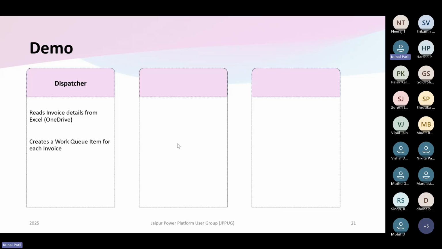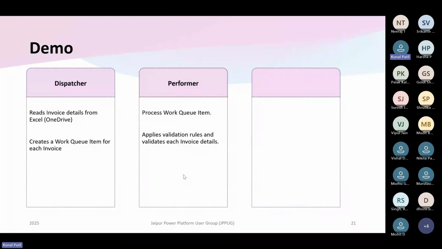Once the work items, or invoice details, are parked in our work queue, our performer bot takes over. This flow is always active, ready to pick up the next item in the queue. Its role is critical, and it applies the business rules. For this demo, it will validate the invoice by checking the total amount.